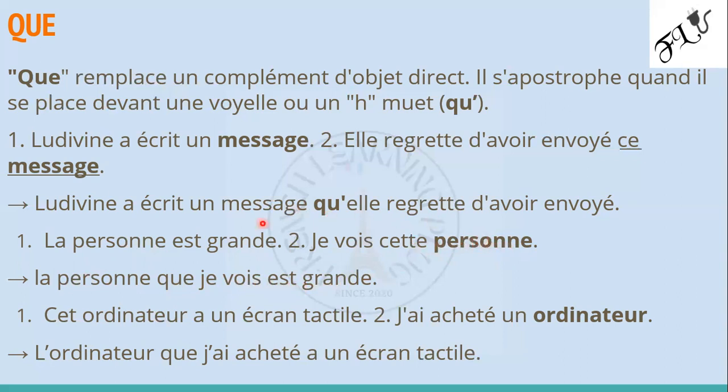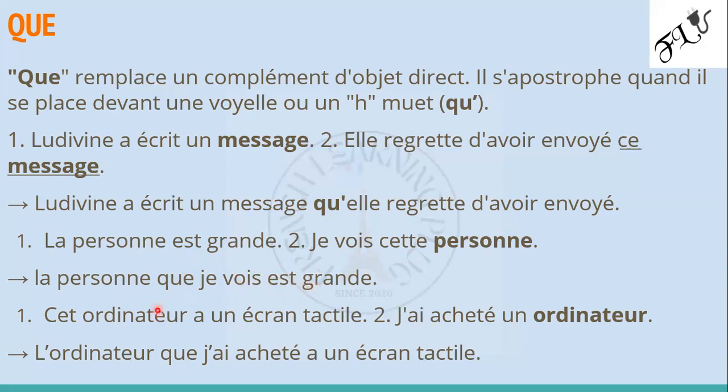Personne came before je vois. It came before the subject. Est grande is for la personne est grande. Je vois, you bring out the que from here. This way, it replaces cette personne.